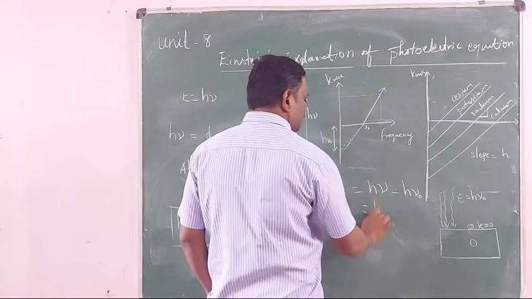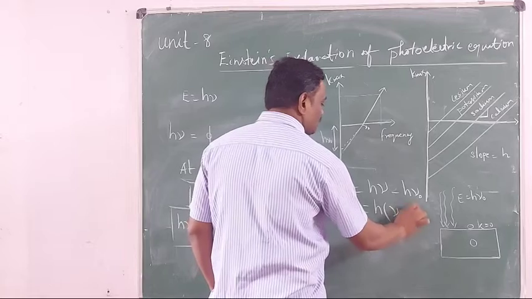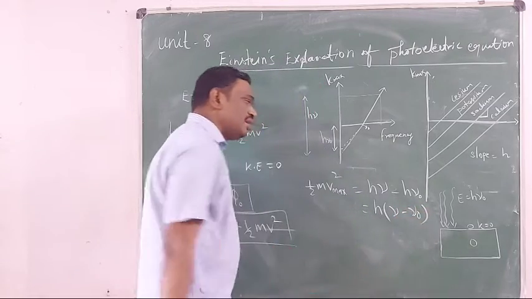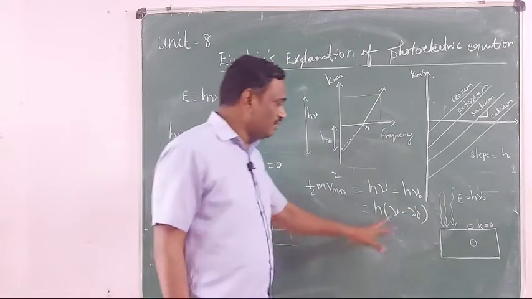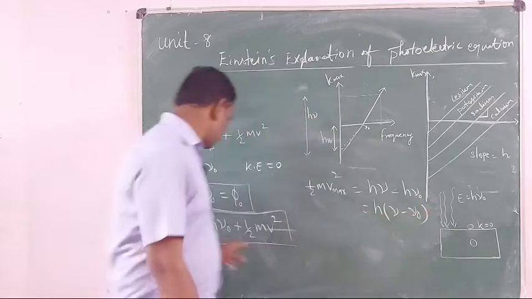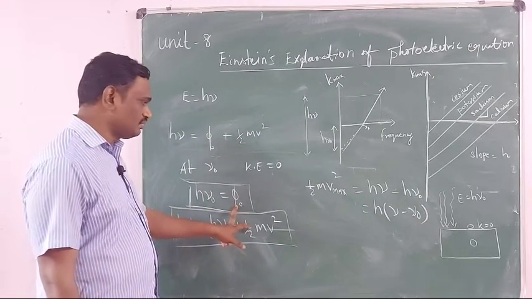Here we can take h common, nu minus nu naught, and we can also write it in another form. Instead of h nu naught, we can write phi naught.